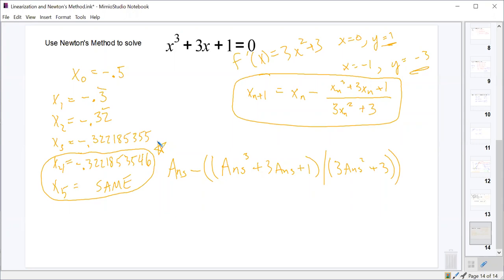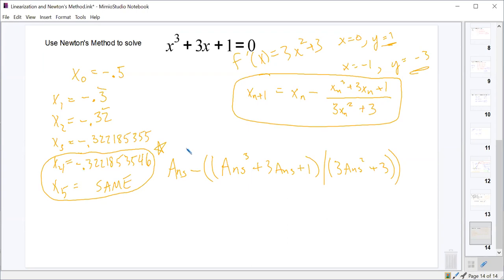And so we would say, to the nearest 10 decimals, the x-intercept of x cubed plus 3x plus 1 is negative 0.32218535546. And that's Newton's method. And your calculator does it really quickly for you, obviously better than having to plug all those in by hand and evaluate them.